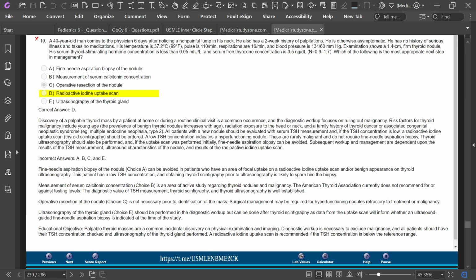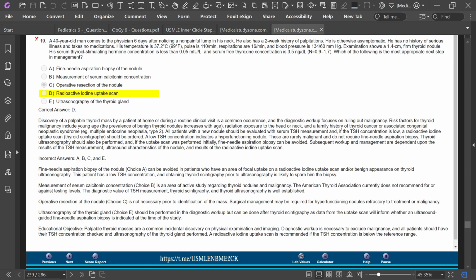Yes, you always have to. After doing radioiodine uptake, if it is hyperfunctional or a hot nodule, then we are treating the patient. We do not need to do the ultrasound guided fine needle aspiration biopsy. If it is hypofunctional or cold, or if it is like hypothyroid, then we need ultrasound guided fine needle aspiration.